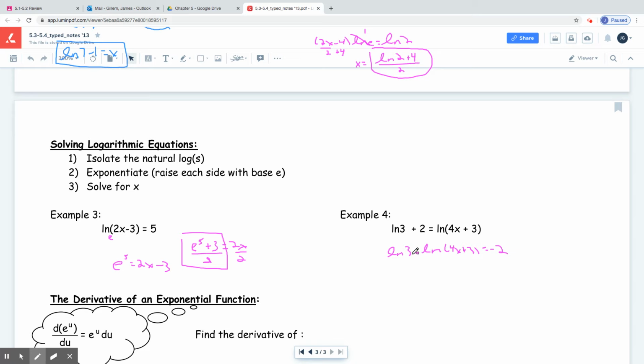Now, if you have more than one natural log, before you exponentiate, let's condense this. So this is the natural log of 3 over 4x plus 3 equals -2. All right. Then we exponentiate. It's e to the -2 equals 3 over 4x plus 3.